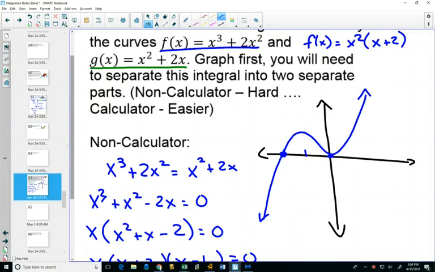It looks like this. My green graph, that too can be factored. It can factor to be x times x plus 2. So we have the same x-intercepts.